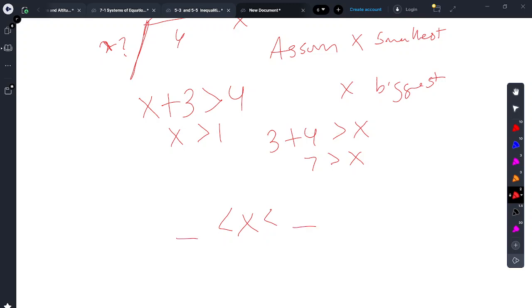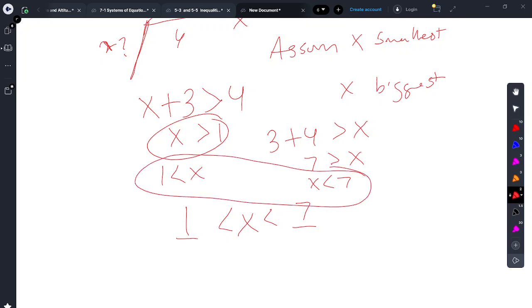So I'll show you two ways you can do this. It starts from 1 and it goes to 7, so it's between 1 and 7. That's one way to do it. Another way you can do it is flip this one around, you get 1 is less than x. Flip that one around, you get x is less than 7. And then see how you can smash these together? 1 is less than x is less than 7.